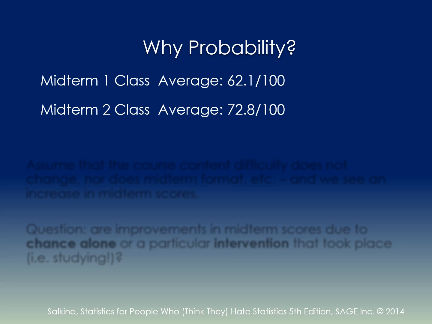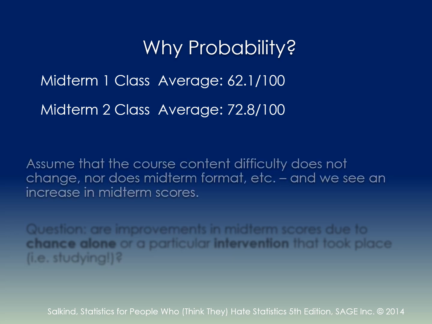So midterm 1, the class average was 62.1 out of 100, and the class average for midterm 2 was 72.8 out of 100. Now, that's an increase of over 10 points, or 10 percentages. Okay, so let's also assume that the course content difficulty doesn't change, nor does the midterm format, and so we've controlled everything as much as we can. And we still see an increase in the midterm scores.